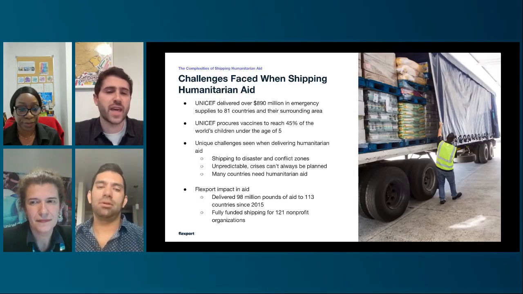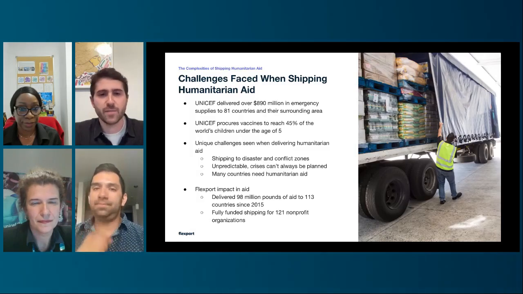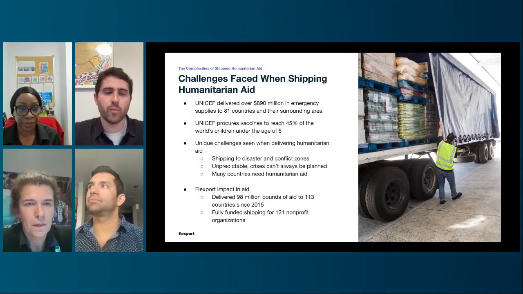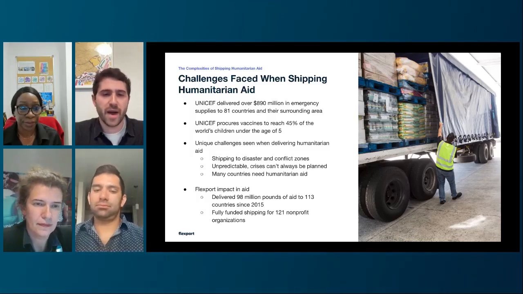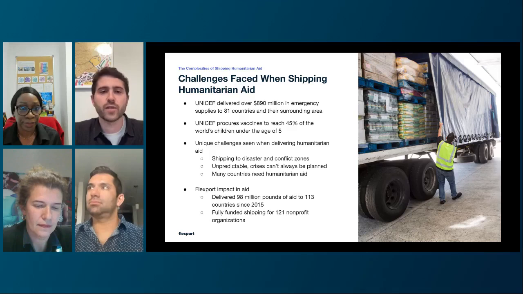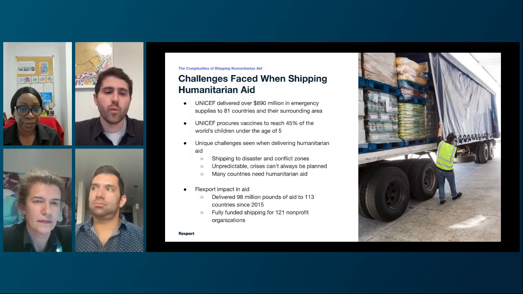We take all of the capabilities and technology that Flexport has, and we can combine them with our dedicated humanitarian focus and expertise to unlock impact and allow organizations to focus more time on their programs and the other parts of their supply chain. We've also built up various programs that complement these core shipping capabilities and aid expertise in order to further support their relief efforts.